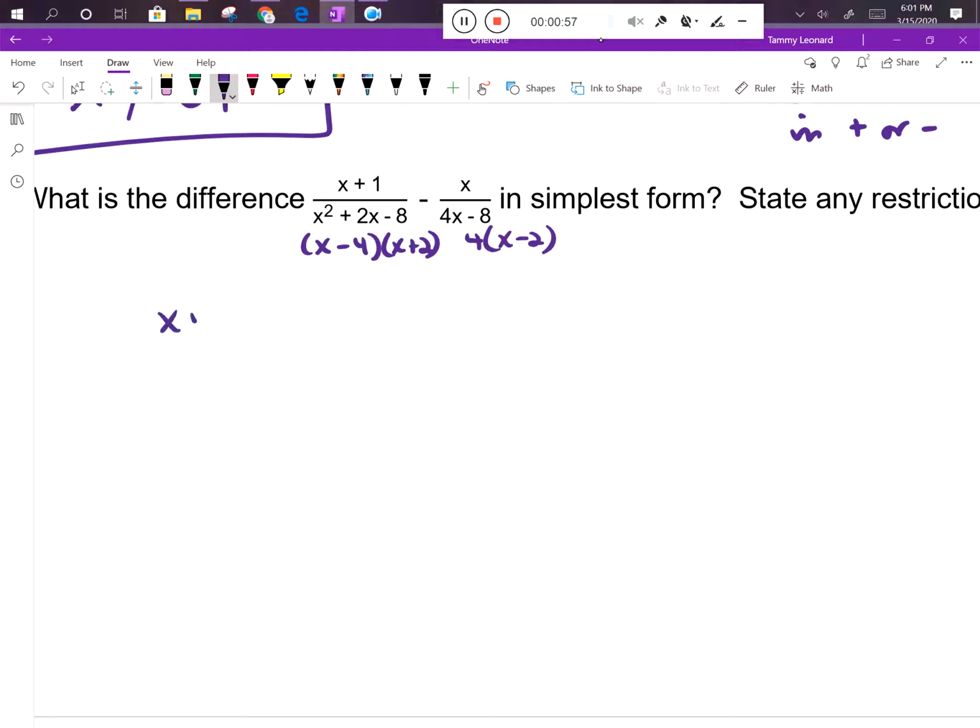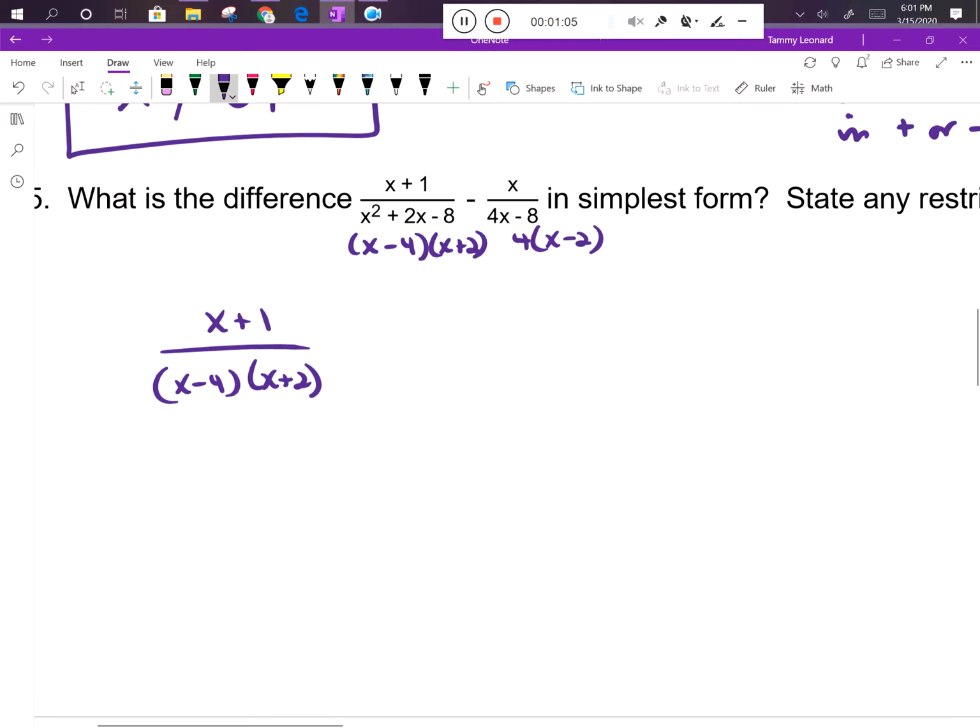That first fraction is going to have to be multiplied by both of the factors from the other denominator, so the 4 and the x minus 2.